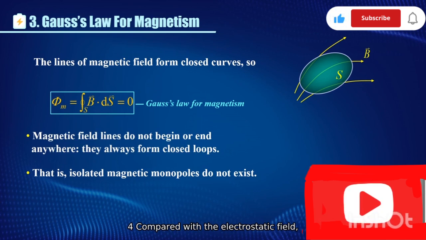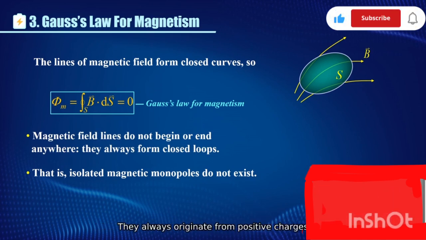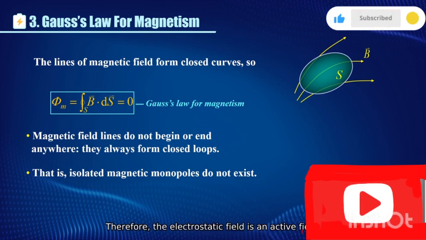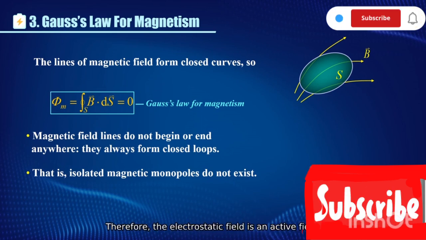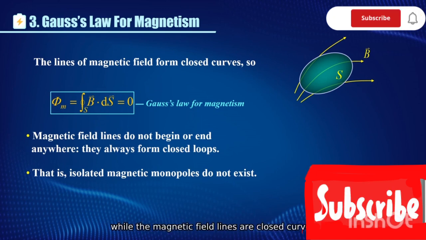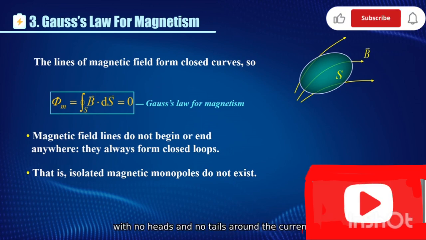Compared with the electrostatic field, the electric field lines are generated by the electric charge. They always originate from positive charges and end on negative charges. Therefore, the electrostatic field is an active field, while the magnetic field lines are closed curves with no heads and no tails around the current.